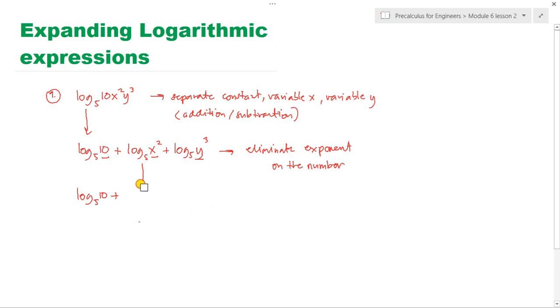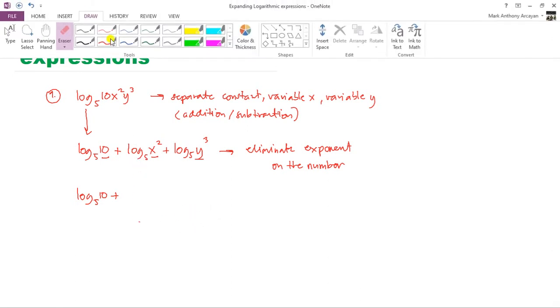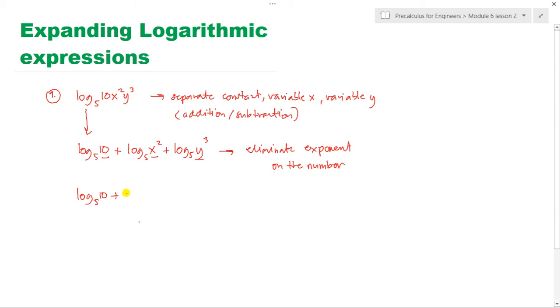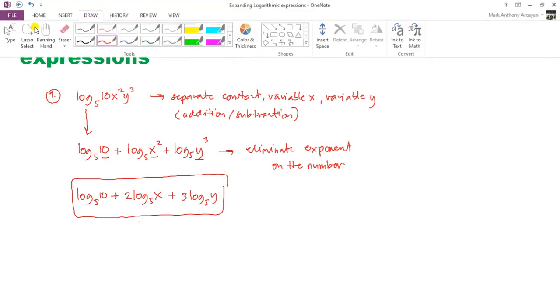Applying that to our example, it becomes plus 2 log of x to the base of 5, plus the same thing here, 3 log of y to the base 5. Now, if the 3 here were negative, it would become negative here, so just follow the sign. Therefore, that is the expanded form. Let's try another one.